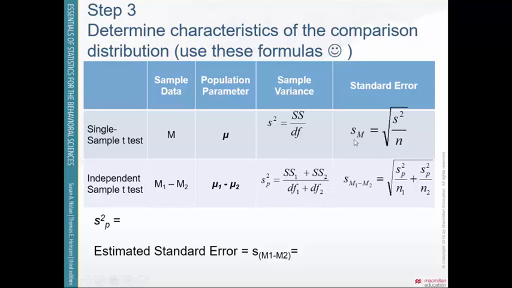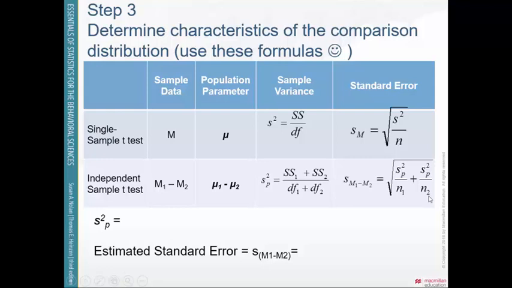And then to find standard error, here's our estimated standard error for a two sample. It's the square root of your pooled variance, which is what you just found here, over the number of people in group 1, plus again your pooled variance over the number of people in group 2.